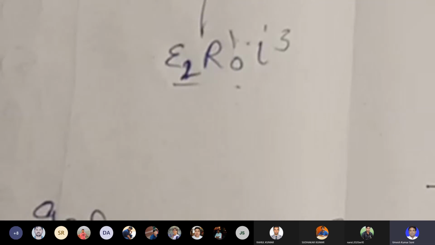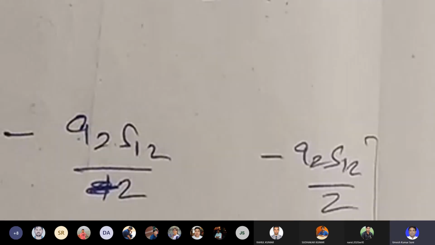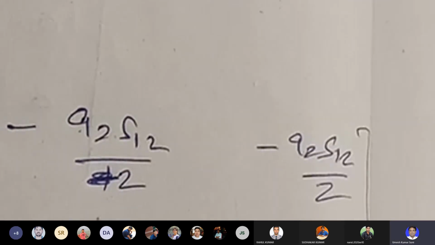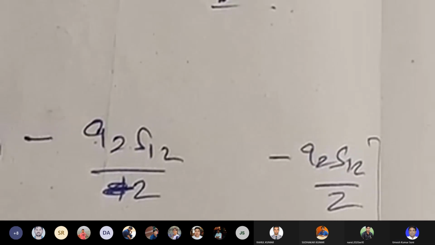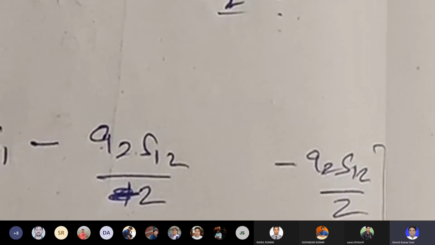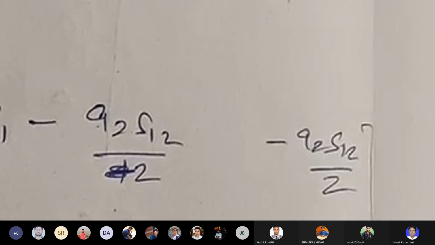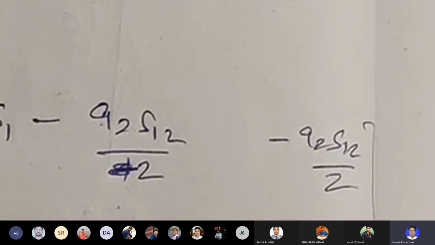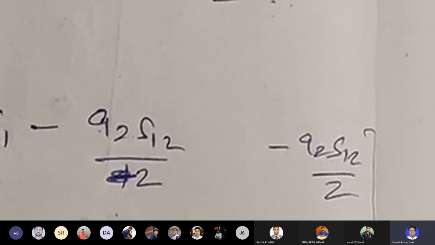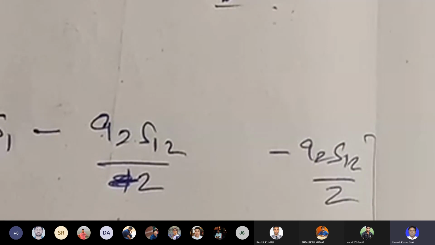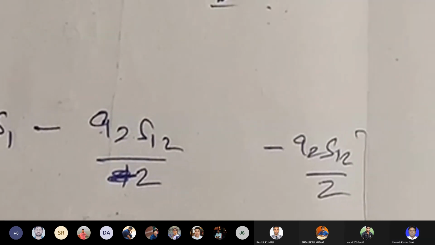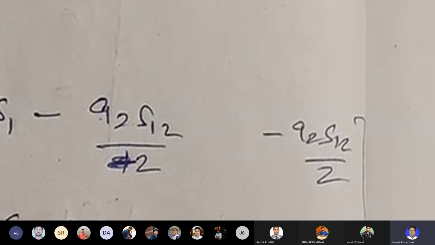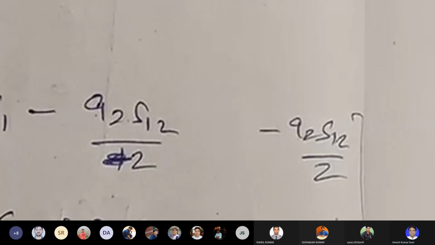Okay. You have to do the transpose of this. First you take the transpose of this. Okay, so you will get a1 s1 minus a2 s12 by 2 minus a2 s12 by 2, and this is a1 c1 plus a2 c12 by 2, and this is a2 c12 by 2 0 0.